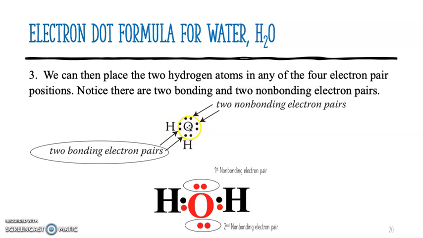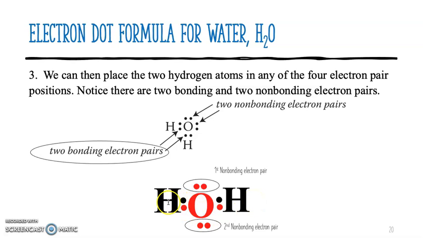So here is my central atom. I place 4 electron pairs, and then you place the 2 hydrogen atoms in any of the 4 electron pair positions. I can put hydrogen here, here, here, or here, but a maximum of 2 hydrogens, because the chemical formula says only 2 hydrogens. Let's say I put them on the right to make it look pretty. Now this is the Lewis dot structure of the water molecule.